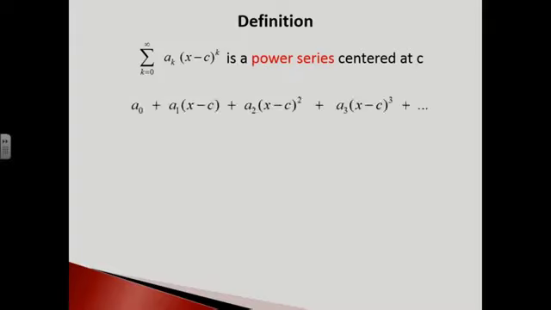It can be expressed as a0 plus a1 multiplied by (x minus c) plus a2 (x minus c) squared plus a3 (x minus c) cubed plus etc. If c equals 0, the series has the form a0 plus a1 x plus a2 x squared plus a3 x cubed plus etc.